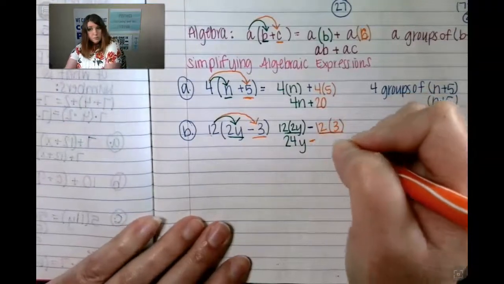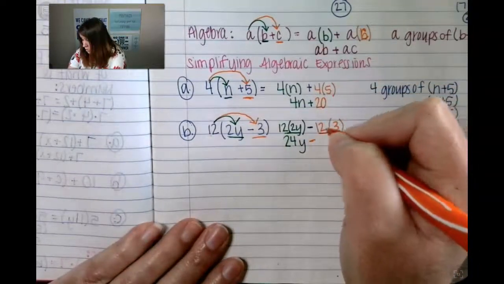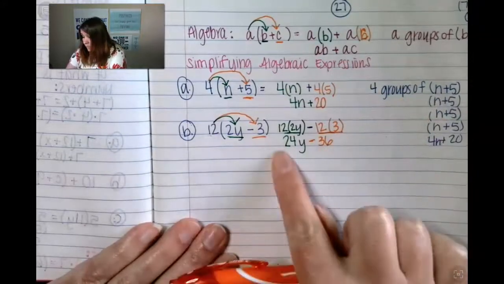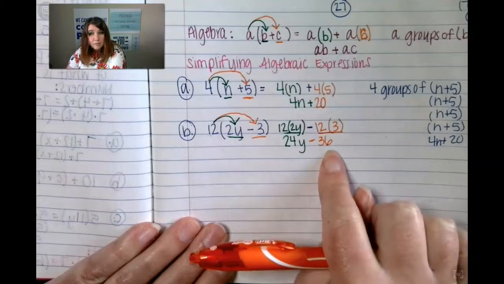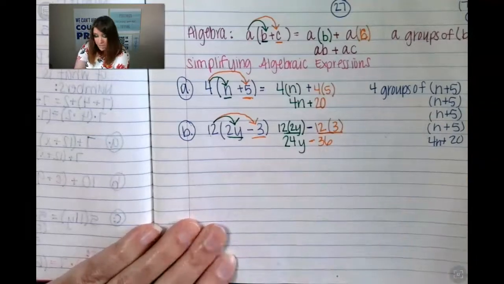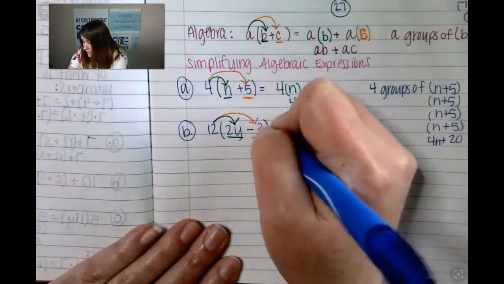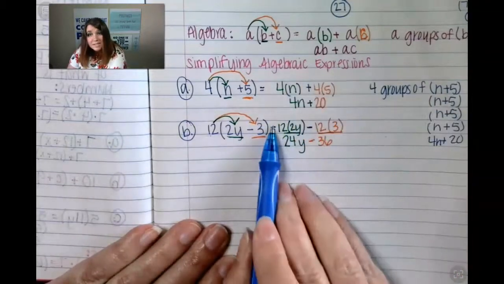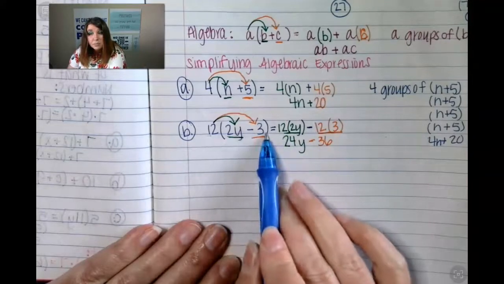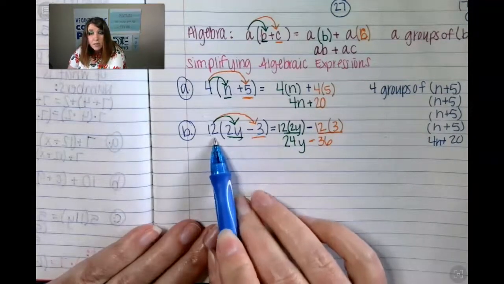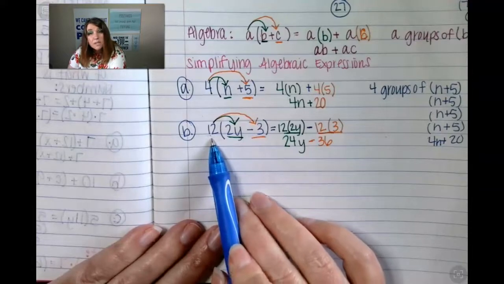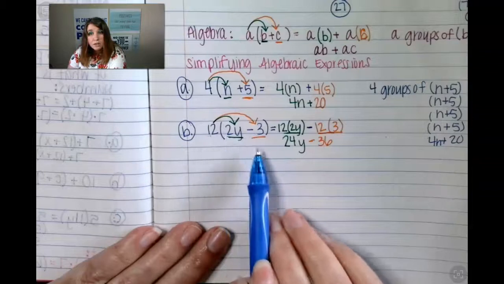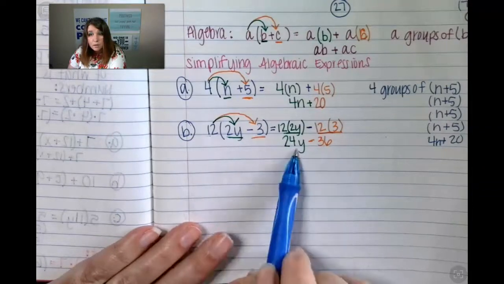Well, 12 groups of 3 we know is 12 times 3, which gives us 36. This is simplified because this expression is equal to, or the same as, this expression. It's just that we've taken the number from the outside of the parentheses and put it into the middle. We've shared it. We've cared it.